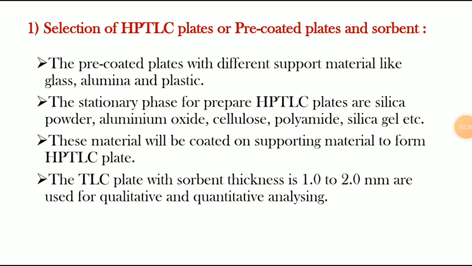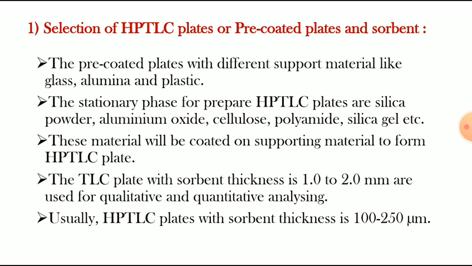Then the TLC plate with a sorbent thickness of 1 to 2 mm is used for qualitative and quantitative analysis. See, this sorbent thickness on the TLC plate should be 1 to 2 mm only, not more than that.